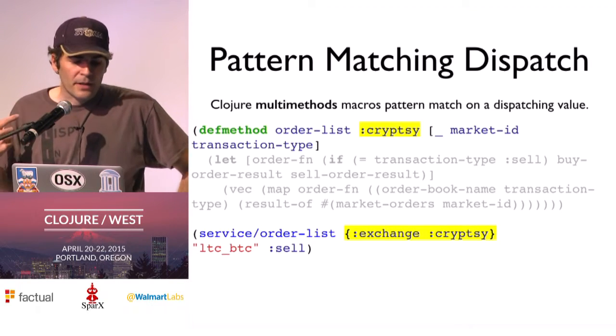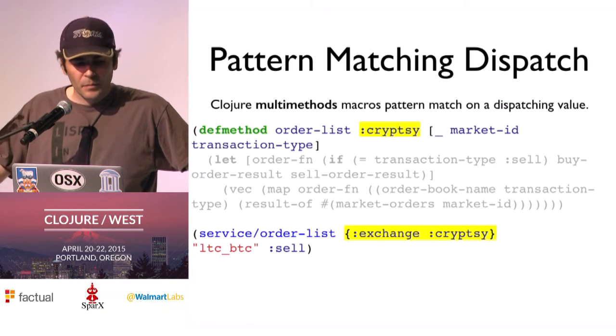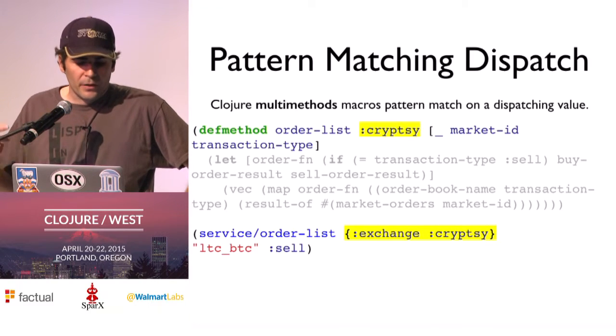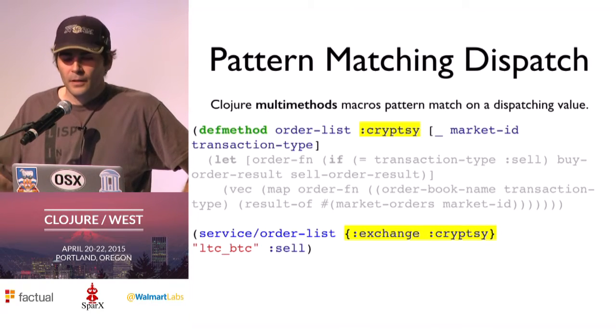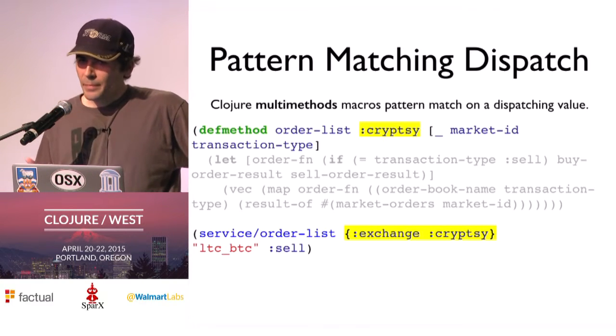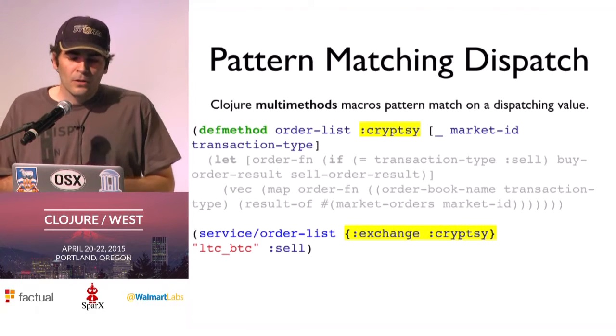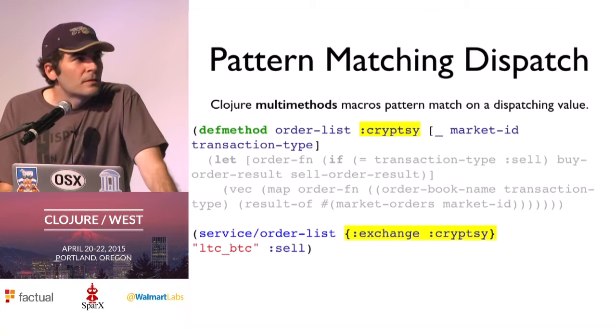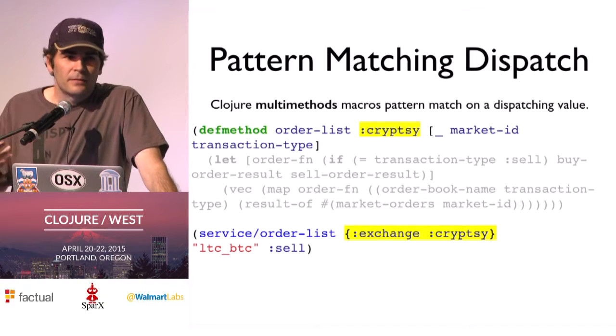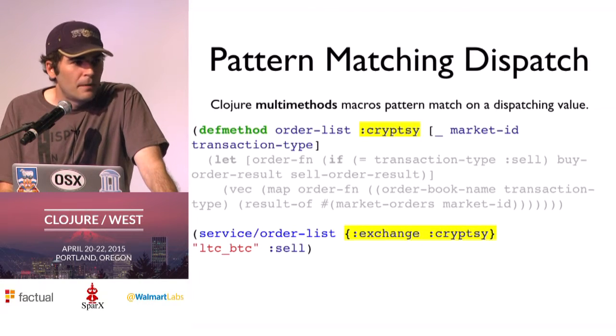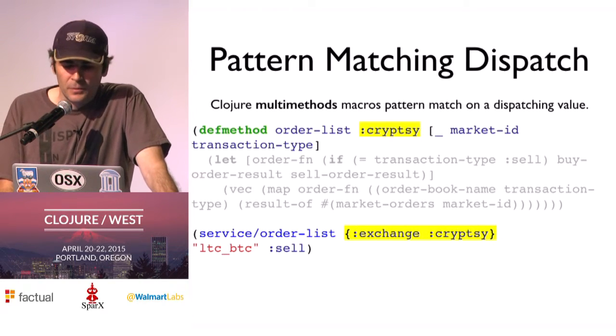That's going to get pattern matched to the implementation above, where I use the defmethod macro with crispy as the dispatch value. Does that make sense? So it's very simple. It's just a simple value, and it stays pretty simple, but it's a form of pattern matching to get some runtime function dispatching.